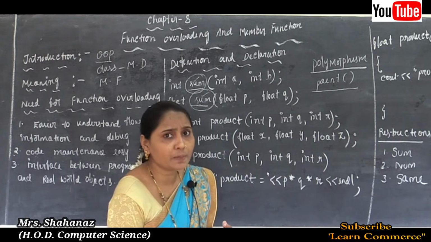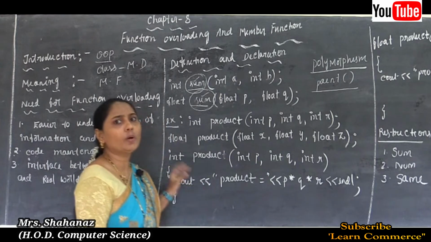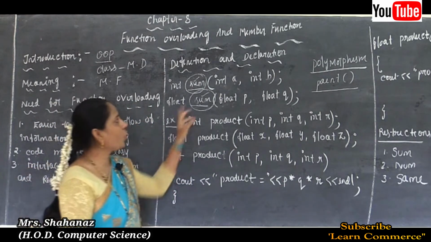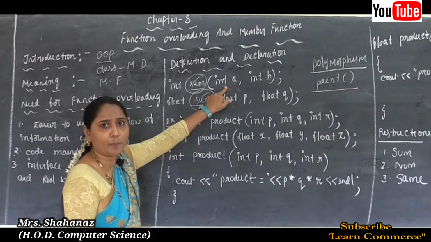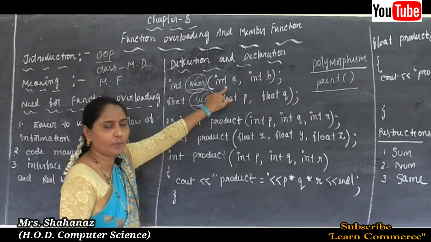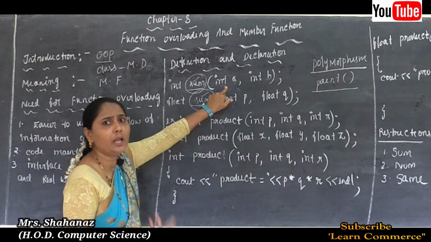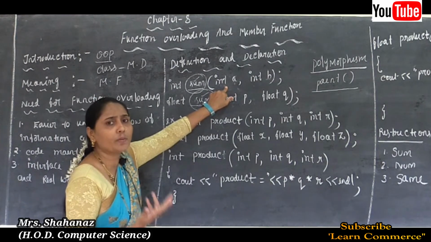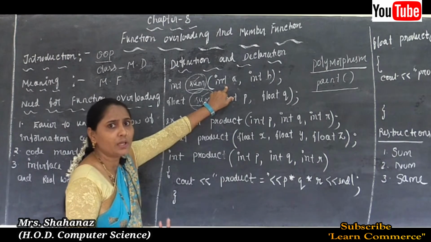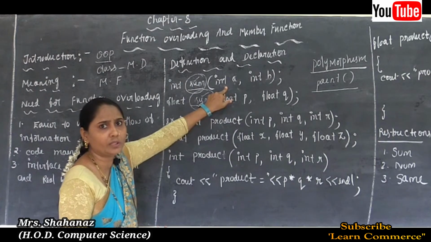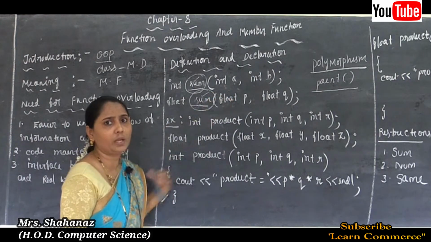C++ distinguishes the overloaded function based on the number and data type of the arguments, correct? Yes, because I already said the main factor in function overloading is the function argument list. So C++ distinguishes overloaded functions depending on the number and data type of the arguments.